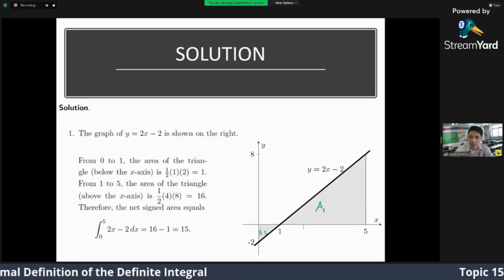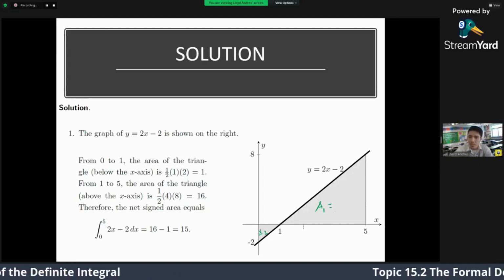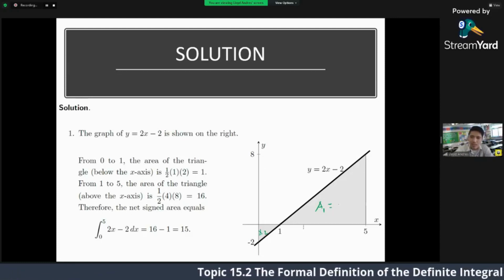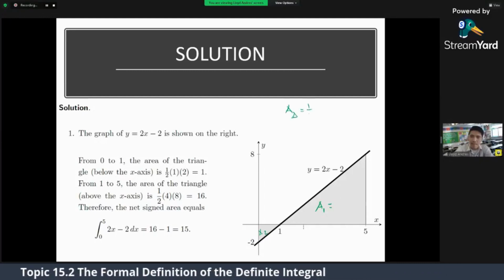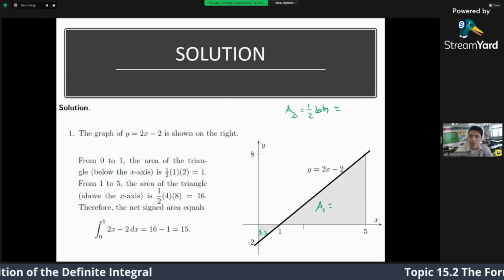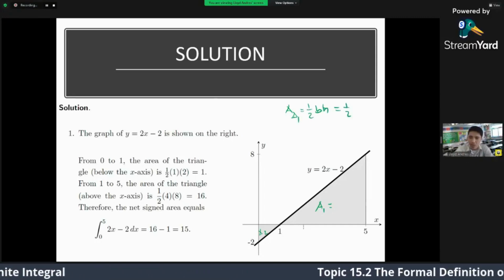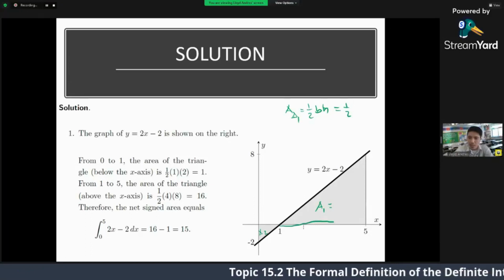For area 1, using the triangle formula, the area of a triangle is 1/2 base times height. Our base is this.